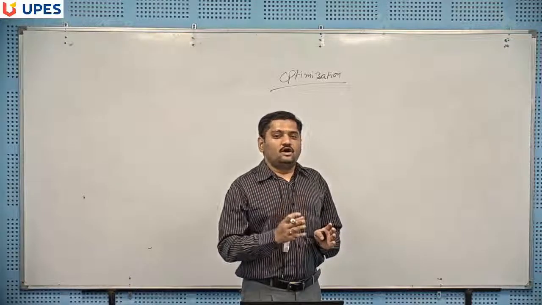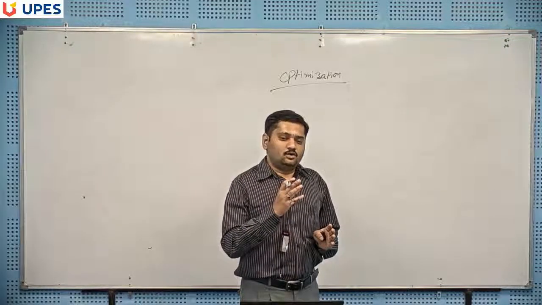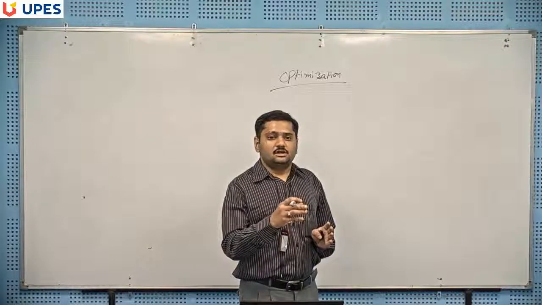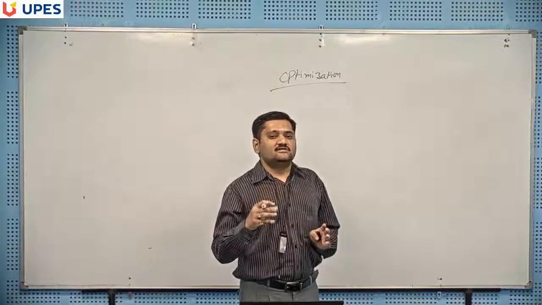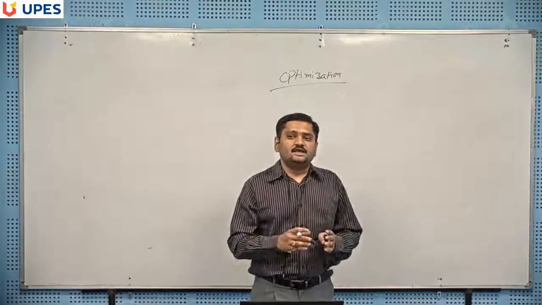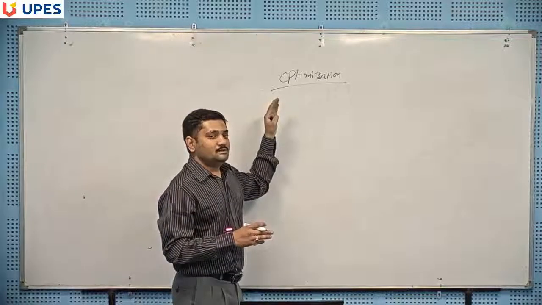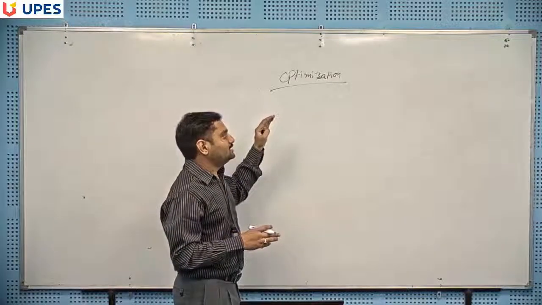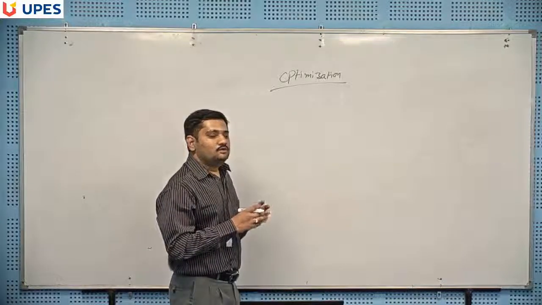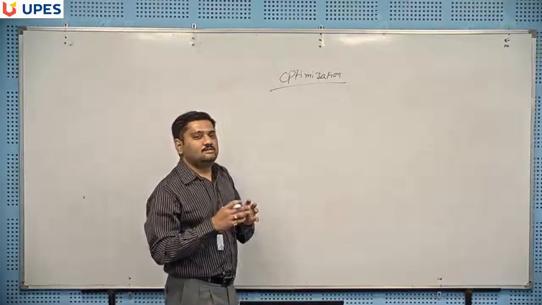We need to obtain the solution depending upon the objective function by satisfying the constraints of the problem. Based on the objective function, we can classify optimization problems into two classes: minimization and maximization. And based on the constraints, we have soft constraint problems and hard constraint problems.